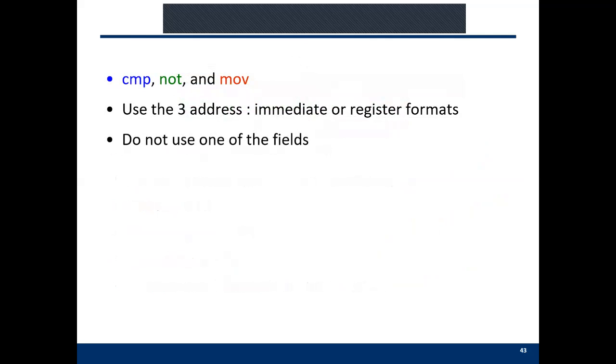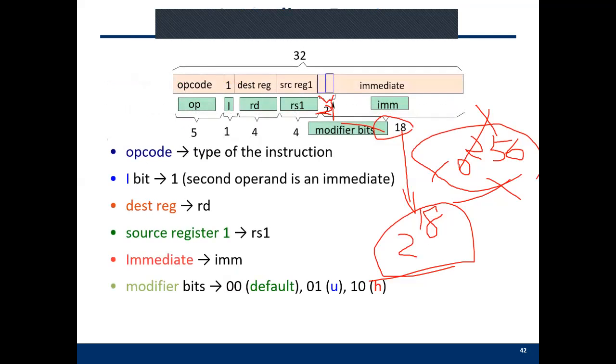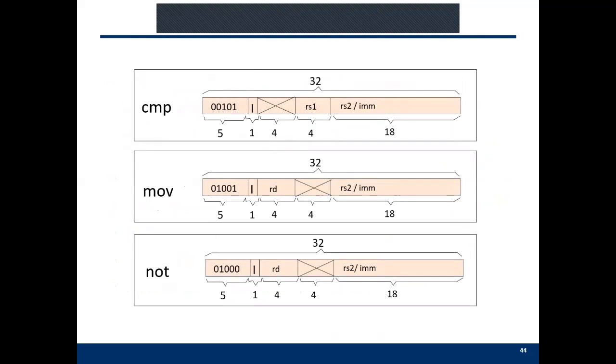And for some two-address instructions or one-address instructions, they will only use maybe 2 fields here. So they are a subset of the 3-address instruction. So these are the details for these 2-address instructions.